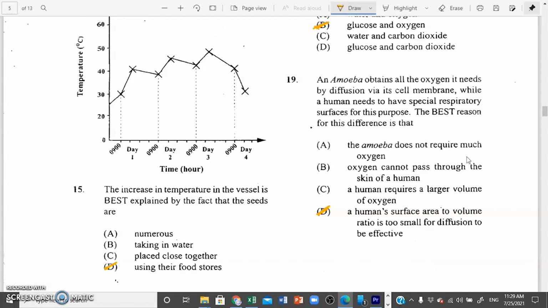Because the seeds are numerous, no. Taking in water, no. They're taking in water to activate the enzymes inside the seed. Placed close together, that's not correct. Using their food stores, that's true, right? Because they are using their food stores to carry out respiration so that energy can be generated for germination to take place. So the answer here is D.